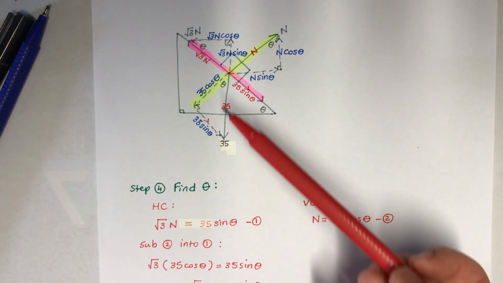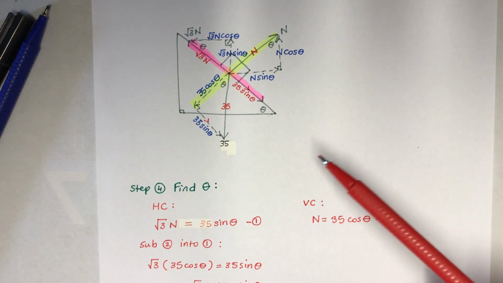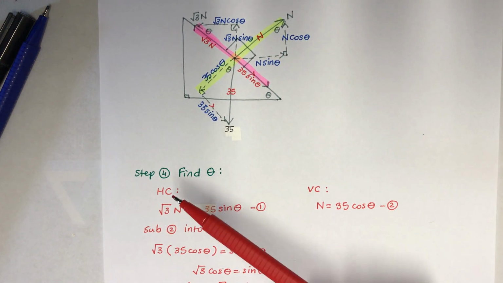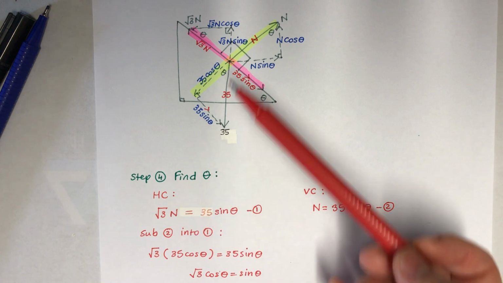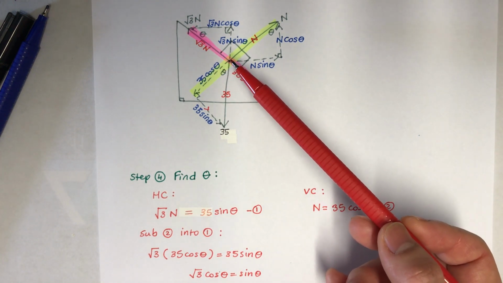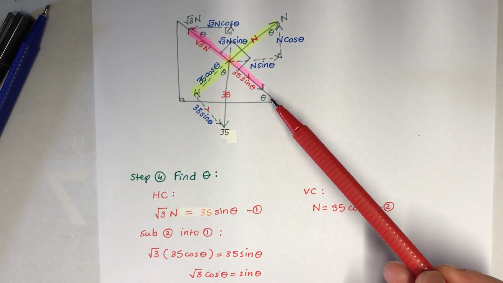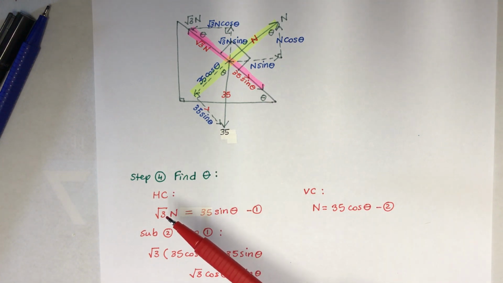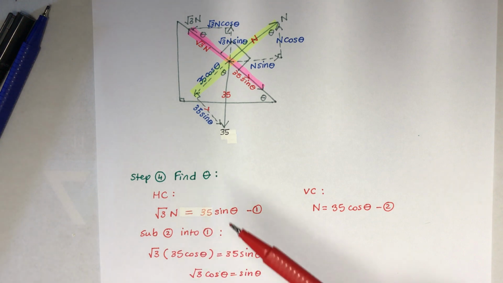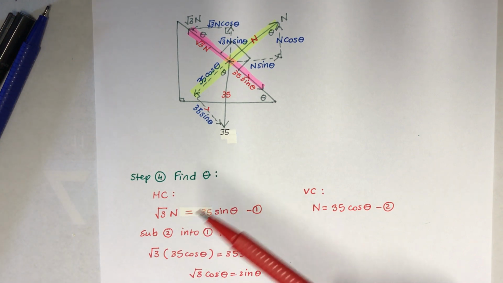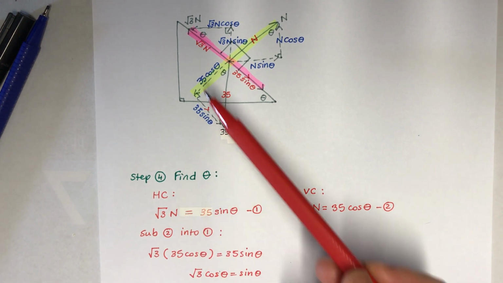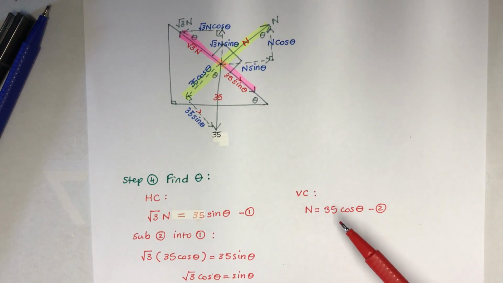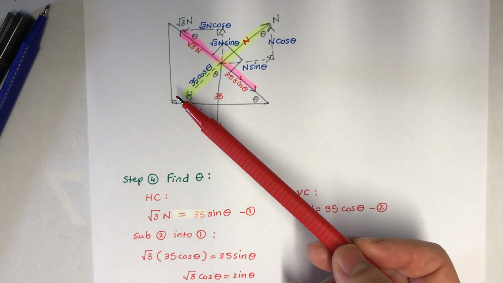So horizontal will be easiest to find, because vertical will have a little bit more. In this case it doesn't, but let's do the horizontal first. So that means this is same as this. Okay, it was just before it was moving, so we can continue with that limiting equilibrium. So that equals that, and vertical component will be N equals this.